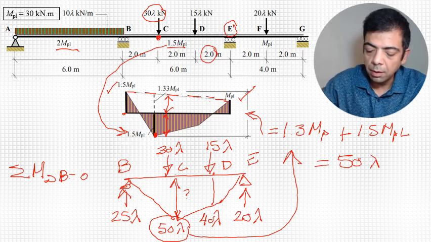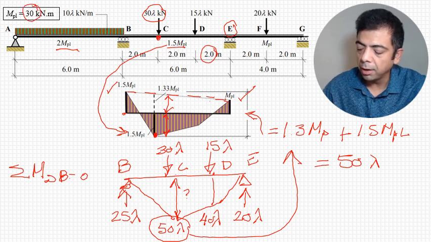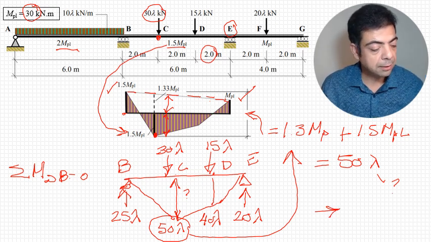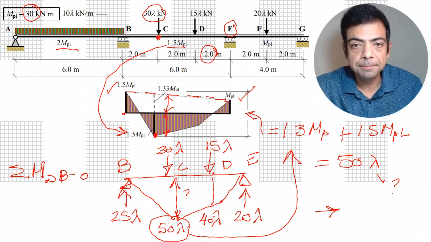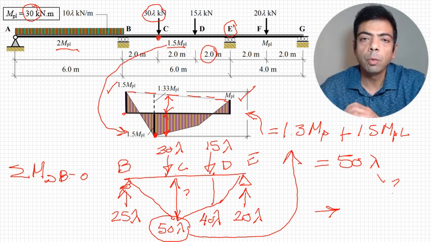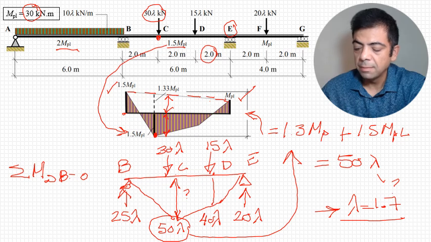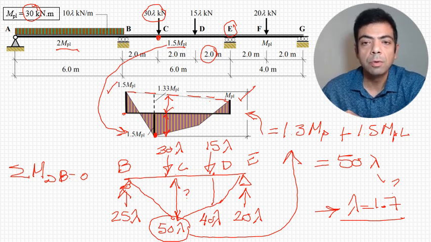Because we know M plastic is 30, the only unknown is lambda, and this will result in lambda being 1.7. So far this is the minimum. The other one was 1.8 something. This is 1.7.